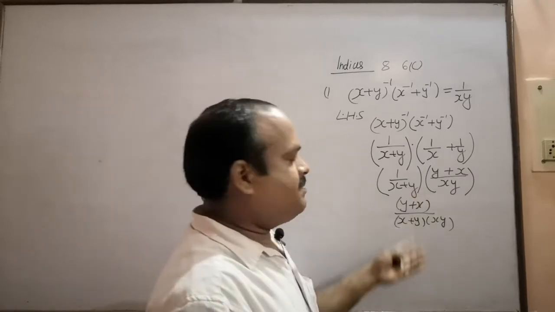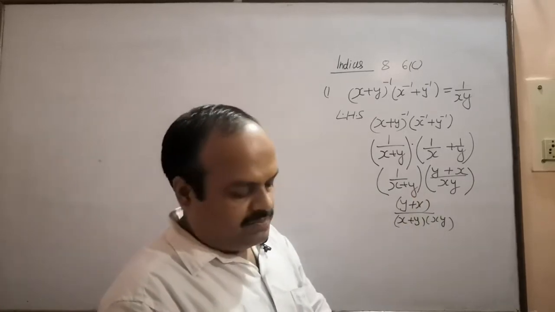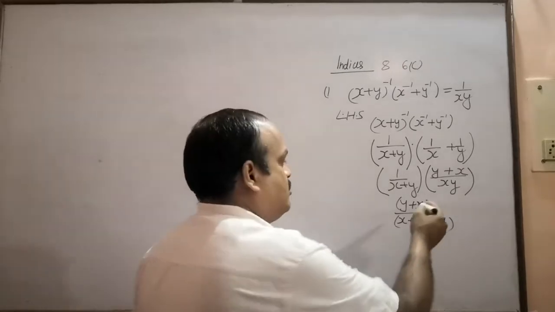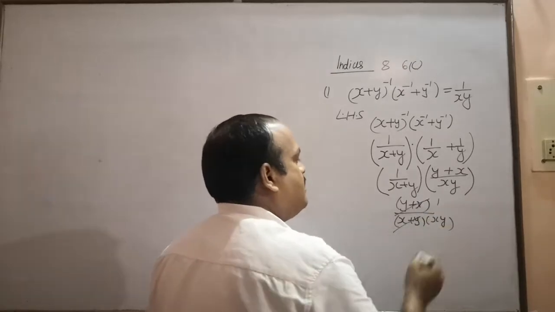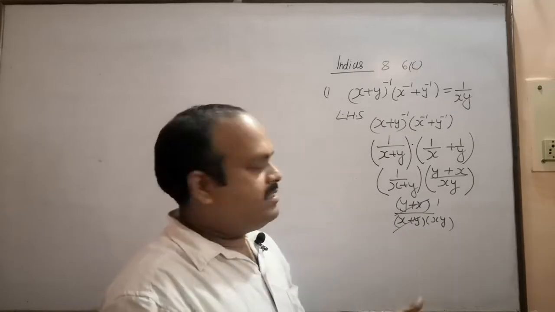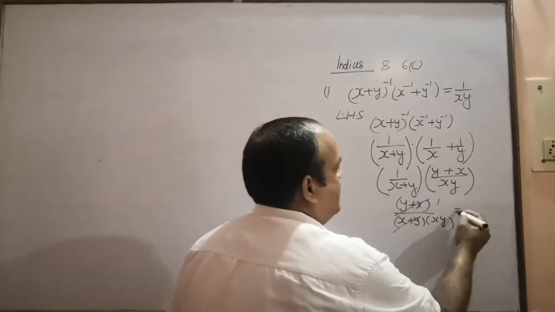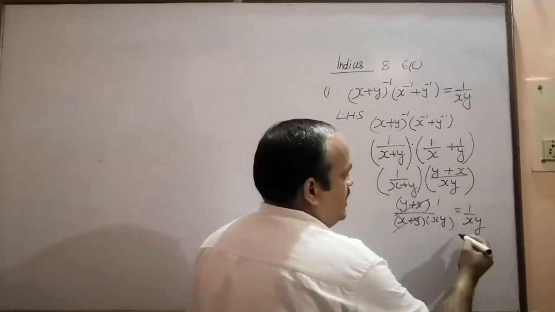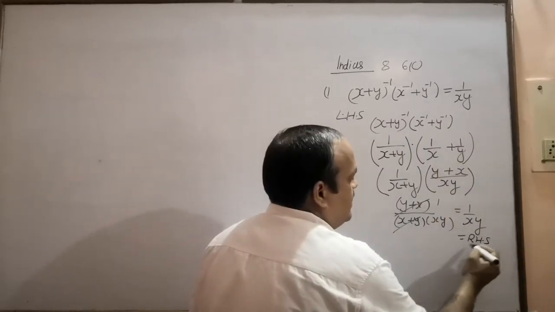To simplify this fraction, the common factors from numerator and denominator must be cancelled out. So we are cancelling out these common factors. We get the result as 1 upon xy, and this one we wanted, so we can write right hand side proved.